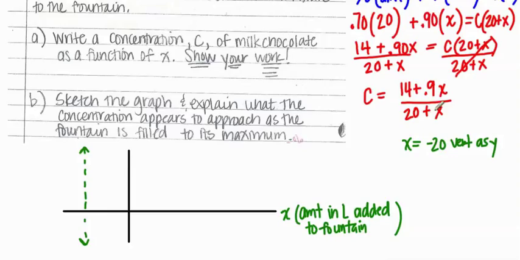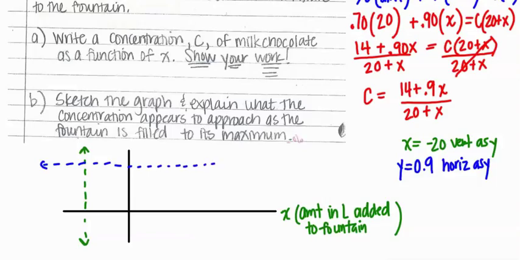I also have, in addition to the vertical asymptote, a horizontal asymptote. The horizontal asymptote is at y equals 0.9. That is extremely important in this graph.